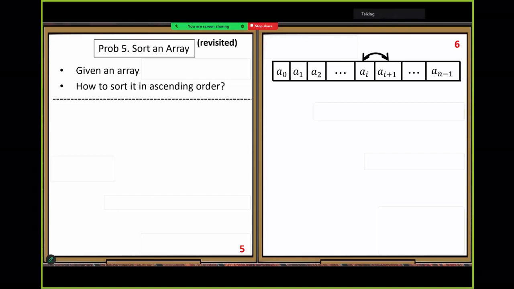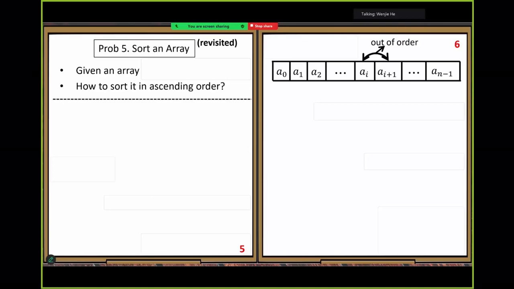Now, we want to compare two elements in the array. But this time, for our understanding, we need to find some properties. So this time, we want to consider the situation where these two elements are out of order, not in order.